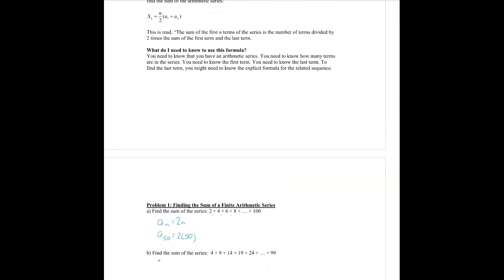Now that I know n, I know my first term, I know my last term, I can get S sub n, which is going to be S of 50 in this case, is equal to 50 divided by 2 times the quantity of A sub 1 plus A sub n. We know that A sub 1 is just 2, and A sub n in this case is just 100.